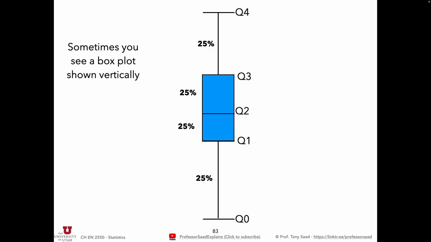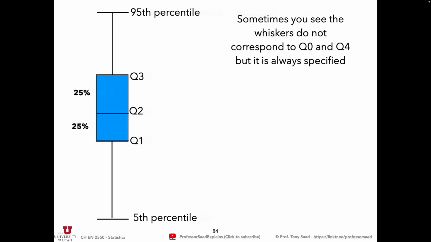Oftentimes, Q0 and Q4 are way too small or too large to include. So people replace Q0, instead of taking the min, they take the 2nd percentile, for example, or the 5th percentile. And for Q4, instead of taking the maximum, they take the 95th percentile or the 90th percentile.